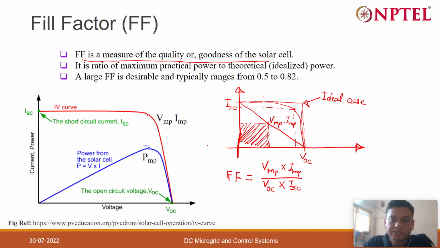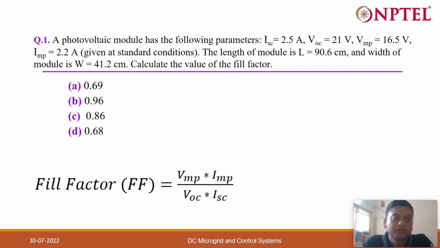Based on this fill factor, we have the first question that we all need to solve. If a photovoltaic module has the following parameters: short circuit current is 2.5 ampere, open circuit voltage is 21 volt, maximum power point voltage is 16.5 volt, and IMP is 2.2 ampere, given at standard condition.